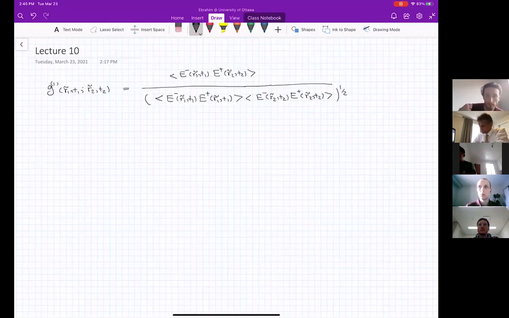So remember, if you have two fields, I have written them in this form because it's extremely easy to link them to the quantum mode operators, the annihilation and creation operators.